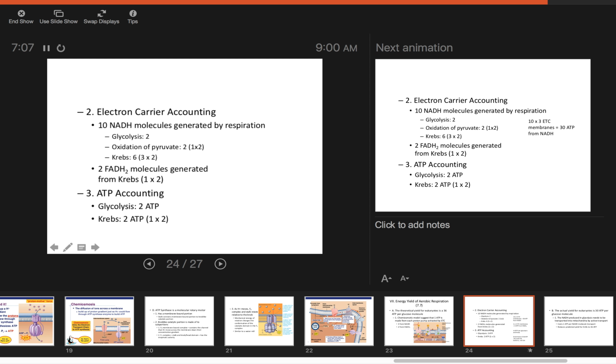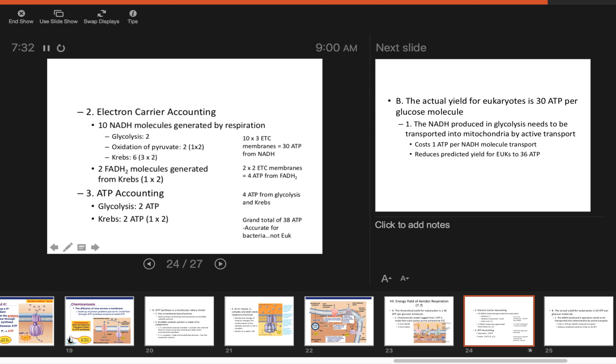Looking at the ATP count, 2 from glycolysis, 2 from Krebs, and then they count the NADH. So 10 times 3 is 30 ATP from just NADH. 2 times 2 is 4 for the FADH2. So grand total approximately 38. I don't know, 36 to 38.